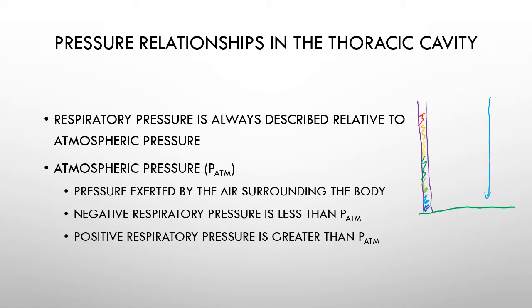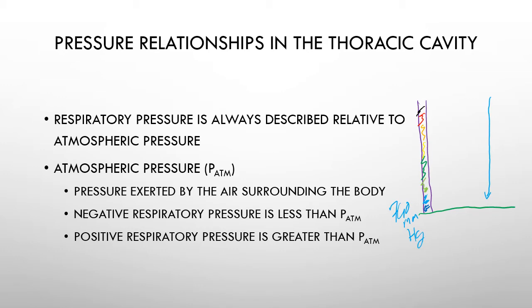So we've got oxygen, carbon dioxide, nitric oxide, water vapor, other gases and things there. Anything and everything that's in there makes up our atmospheric pressure. At sea level, we say that this is 760 millimeters of mercury, and that's how we measure that actual pressure.